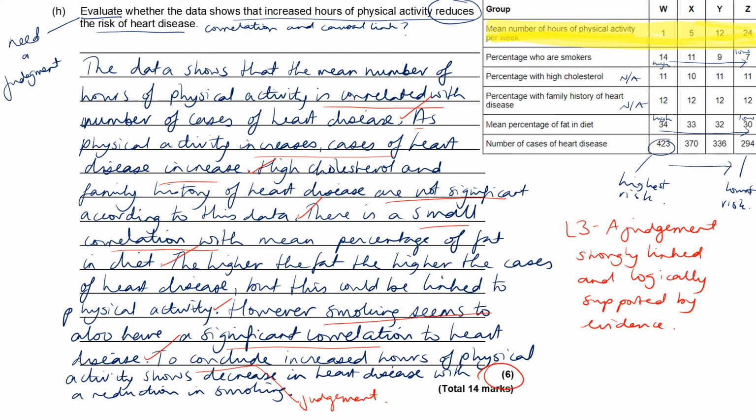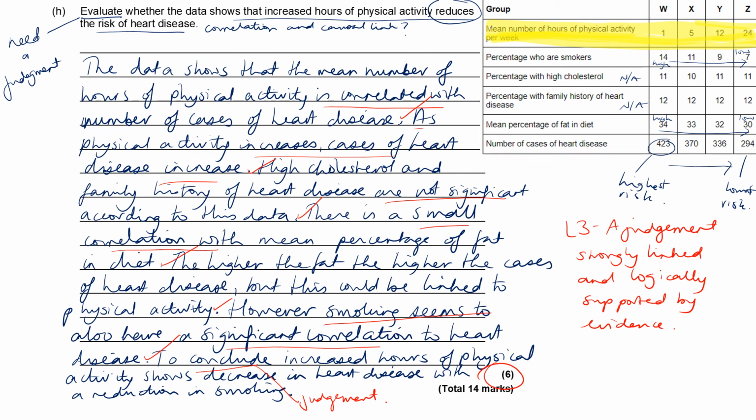High cholesterol and family history of heart disease are not significant according to this data. Third point, there is a small correlation with mean percentage of fat in diet. My fourth point, the higher the fat, the higher the cases of heart disease, but this could be linked to physical activity. So I'm highlighting the fact that that data could be linked by other things.